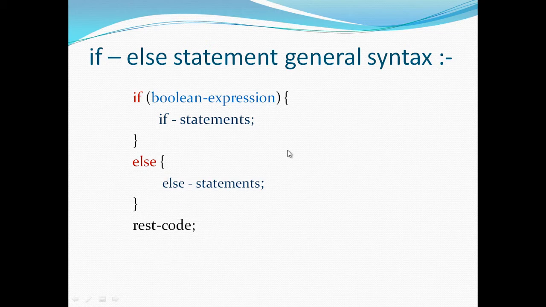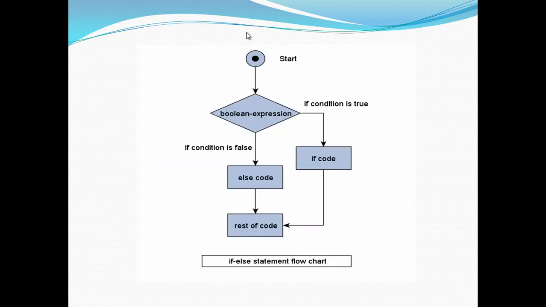If we move ahead and see the flowchart of the if-else statement, we are given a boolean expression. If the condition for the boolean expression is true, then the if code is executed, and after that the rest of the code gets executed, and the else code is skipped.